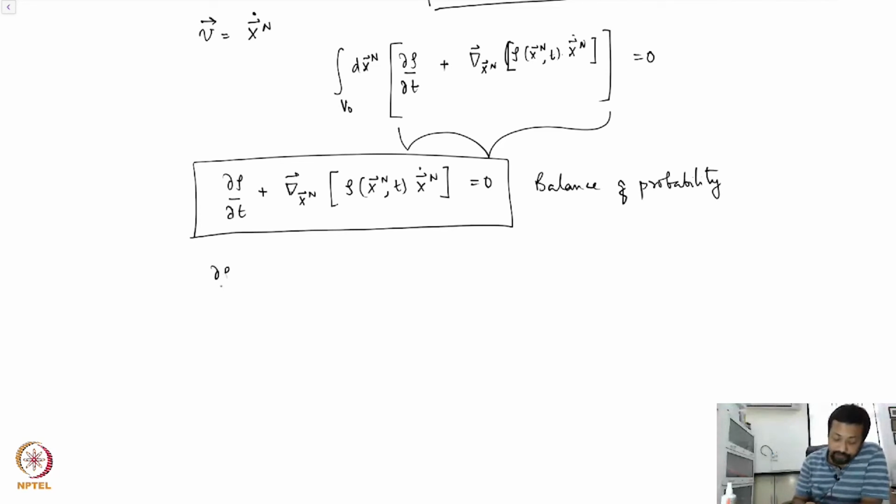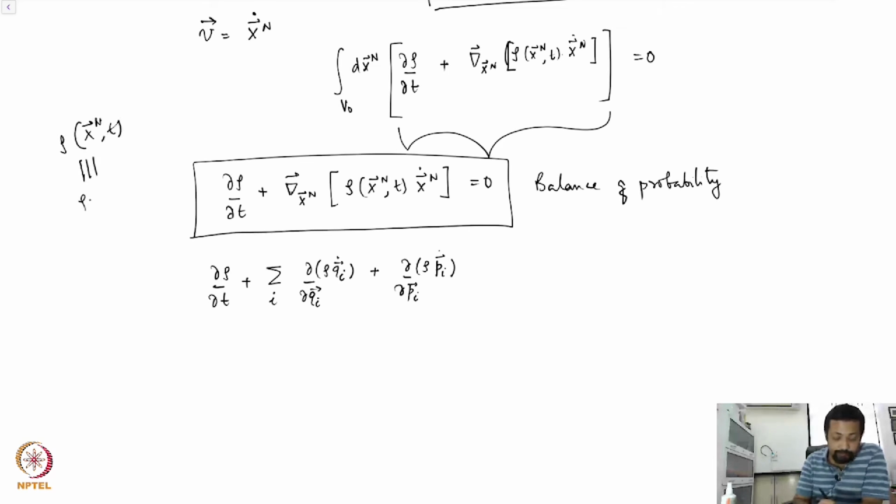What does this mean? This means that I will expand this divergence term. I will write del rho del qi times qi dot, plus del rho del pi times pi dot. I have suppressed the argument xn, so rho means rho of xn in this equation. So there's a sum over this.